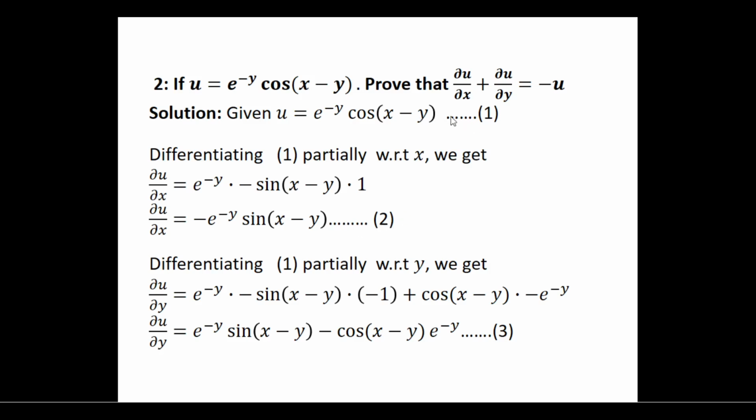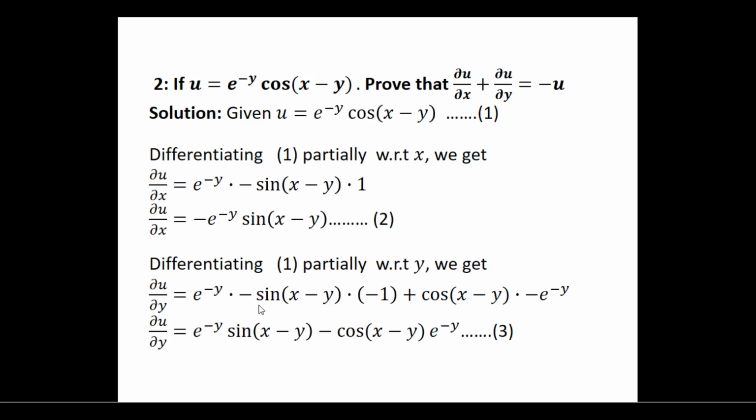Now again differentiate equation 1 partially with respect to y. Okay, so this is one function of y, and this is also a function of y. Product of two functions, so go for the product rule. Keep the first function e^(-y) as it is. Now differentiate the cos.